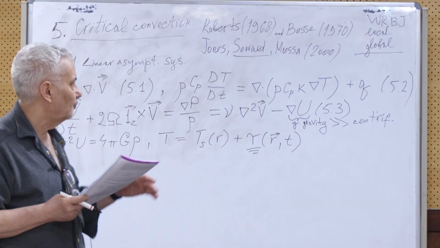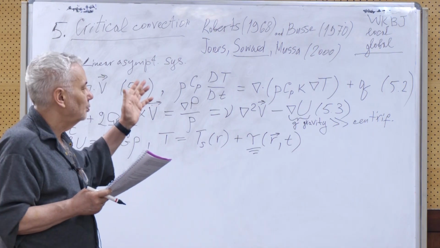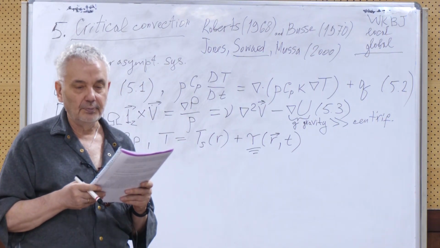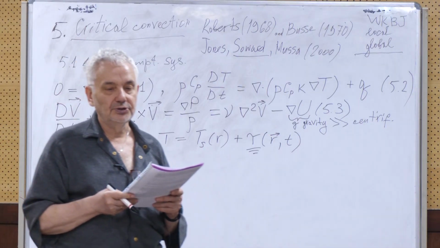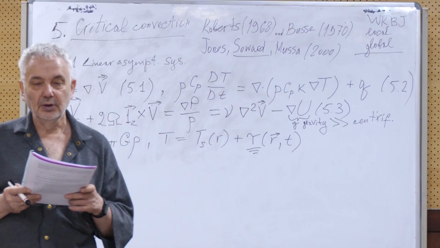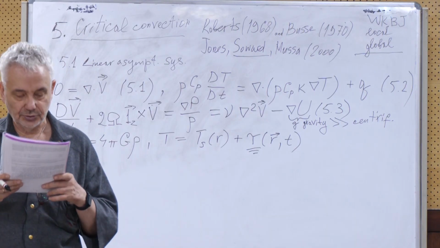If we consider the sphere, of course, the first case which all people consider is just a sphere. We fill it completely with liquid, and there is constant heating inside it, like radiation heating, and so on.